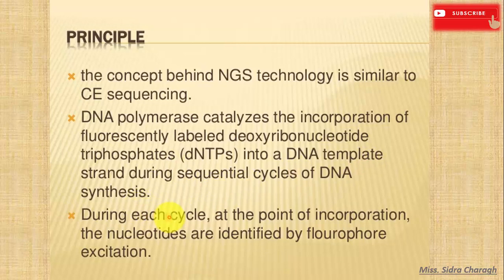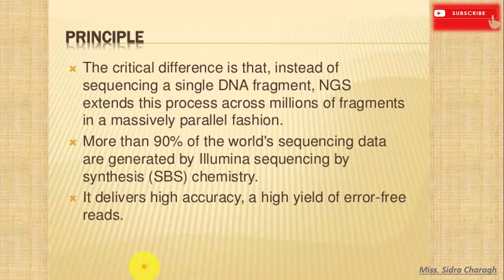During each cycle, at the point of incorporation, the nucleotides are identified by fluorophore excitation. The critical difference is that instead of sequencing a single DNA fragment, next generation sequencing expands this process across millions of fragments in a massively parallel fashion.